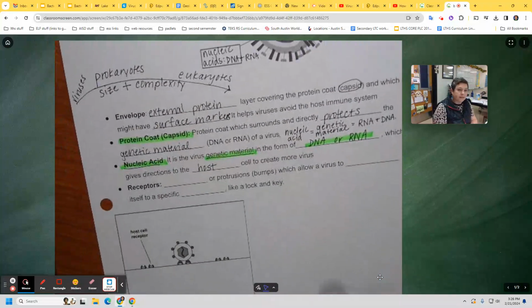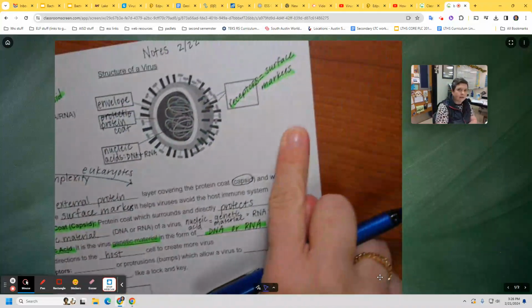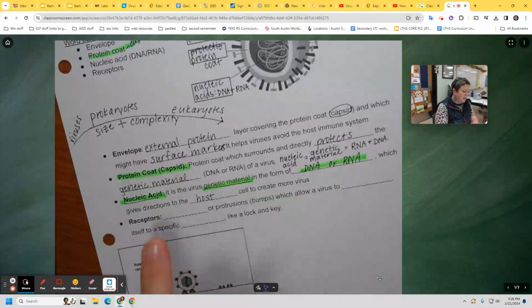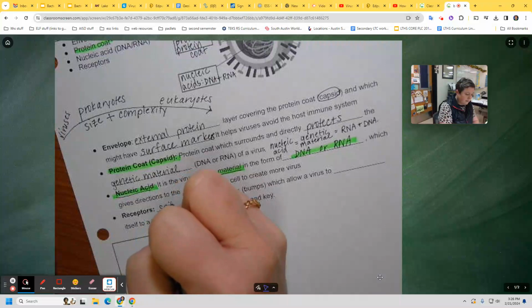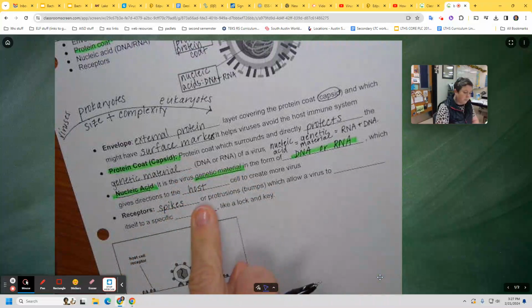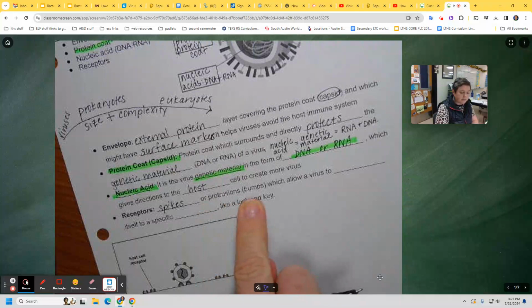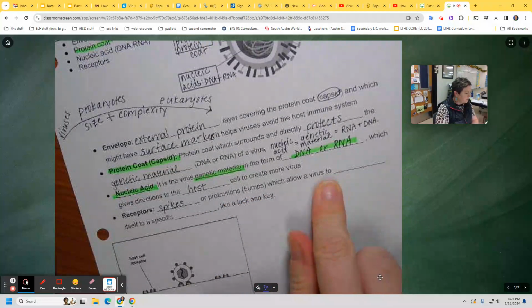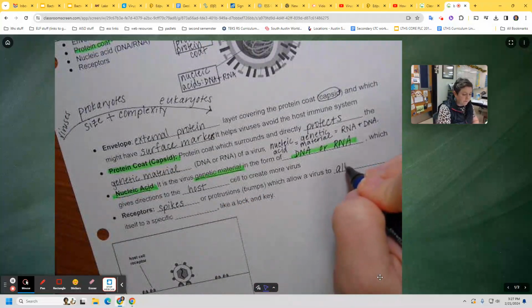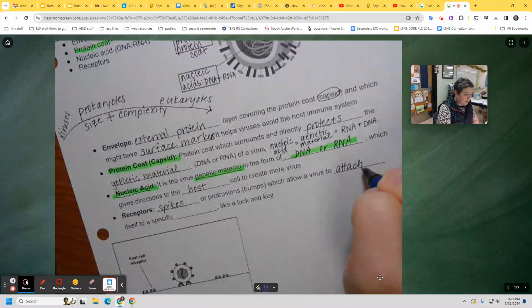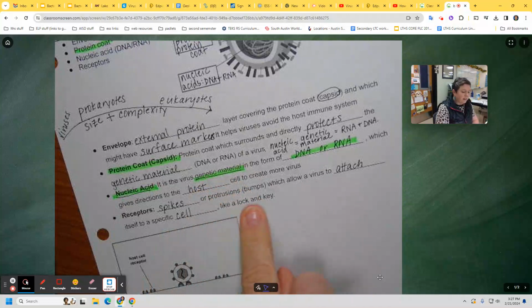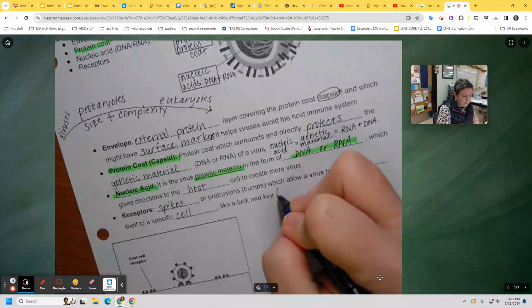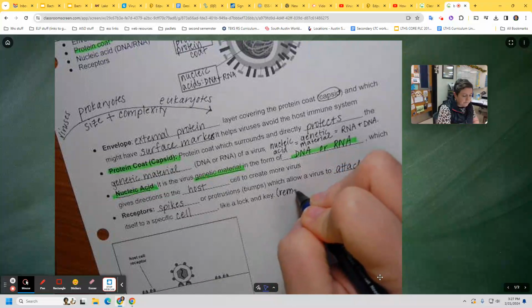And then these receptors, we already said that they can also be called surface markers. The receptors are spikes or protrusions or bumps, which allow a virus to attach itself to a specific cell, like a lock and a key. And that's what you guys saw in that Edpuzzle. So I'm going to say, remember Edpuzzle?